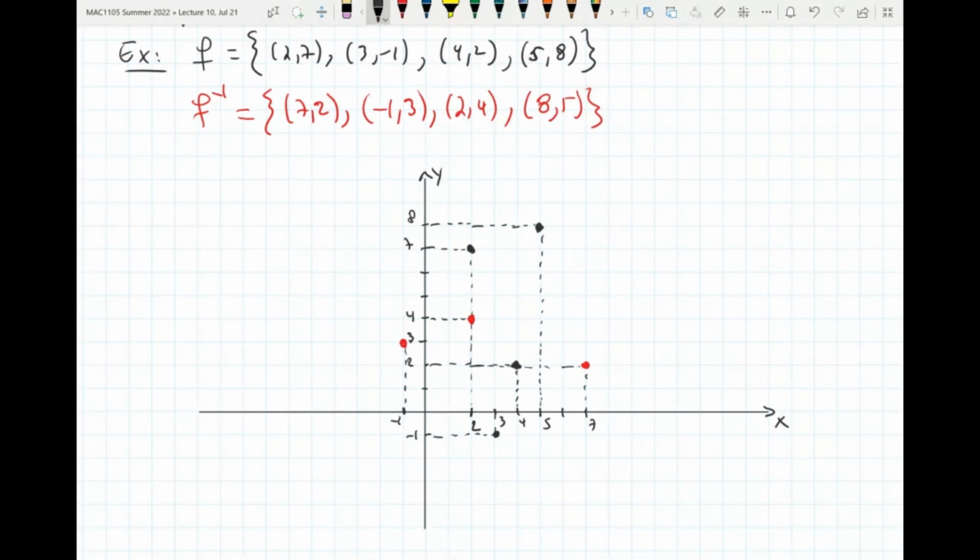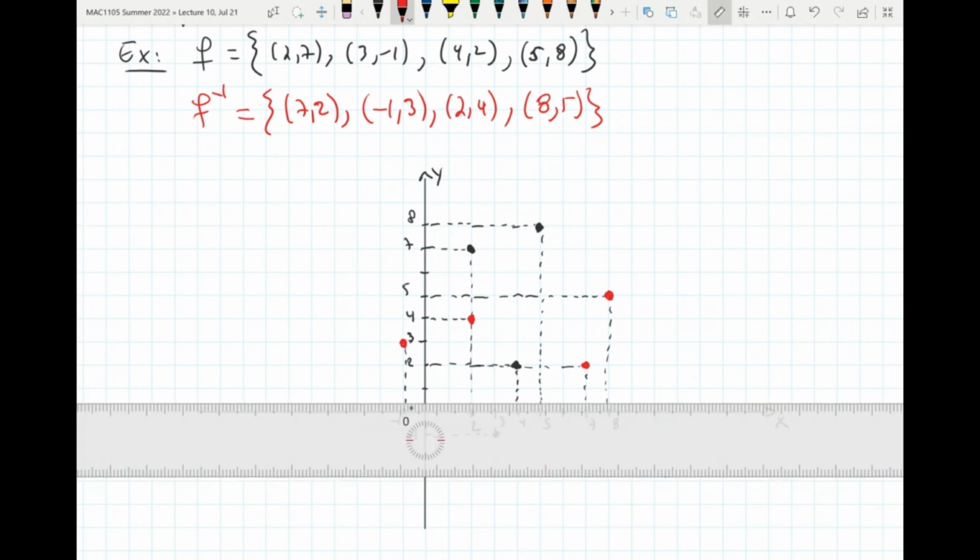That comes from 5, 8. So 8, 5. Okay. So we have the function f and the inverse function plotted on the same plane.